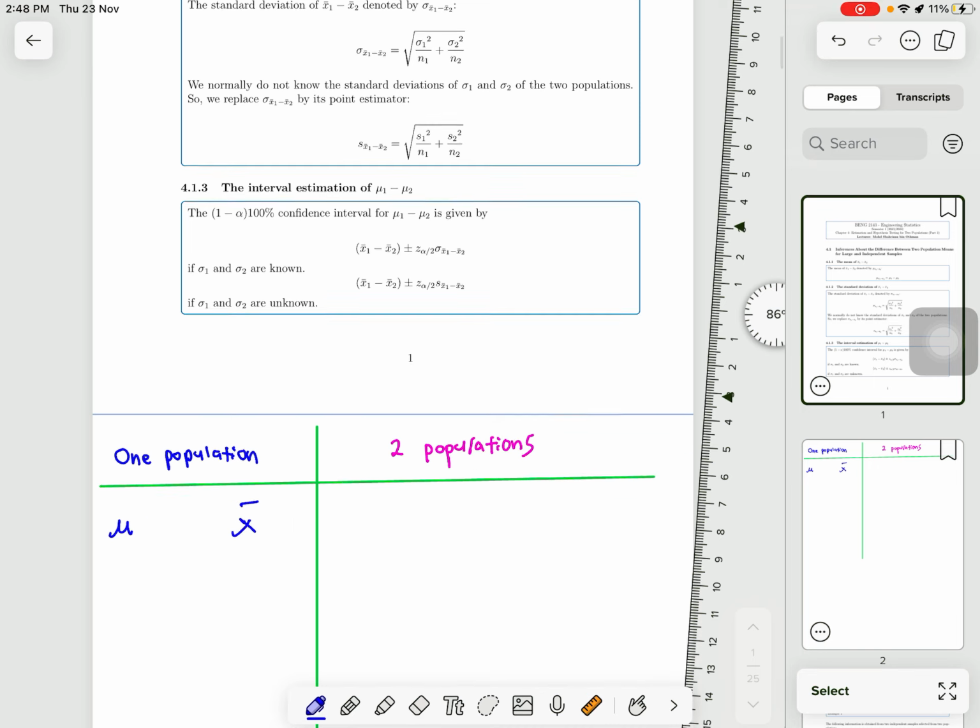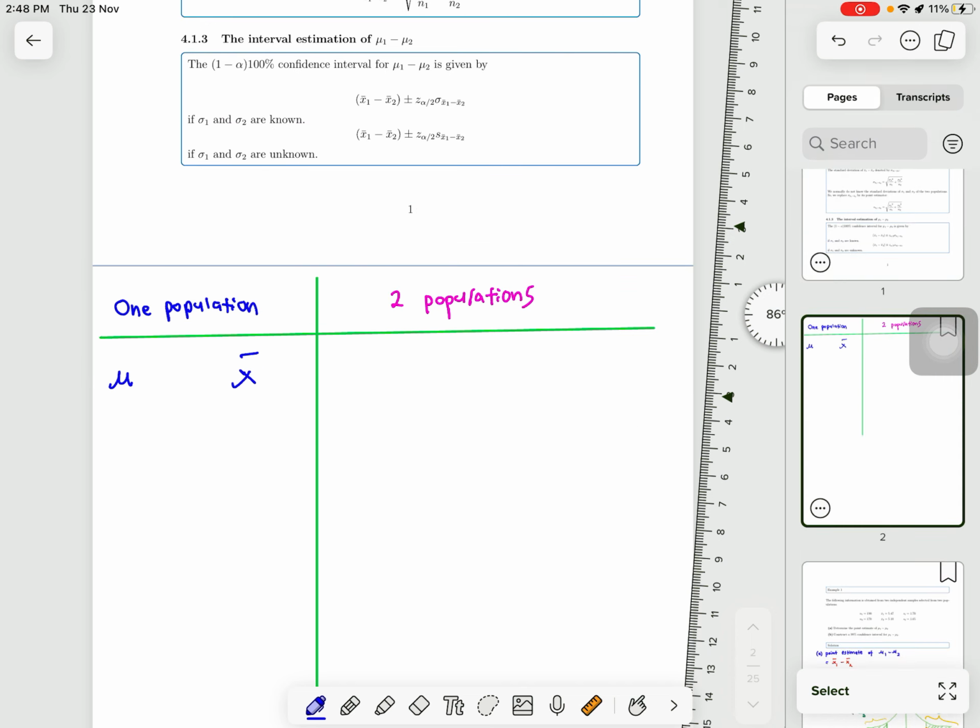And if you want to estimate the value of sigma, we take the value of S. Variance, very simple. Sigma, we take the value of S. This is for one population.